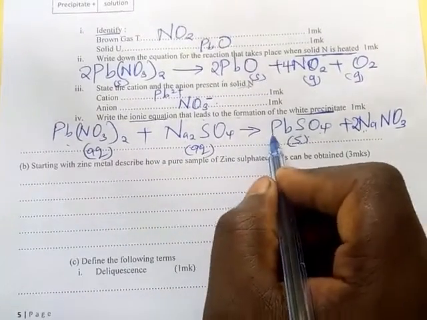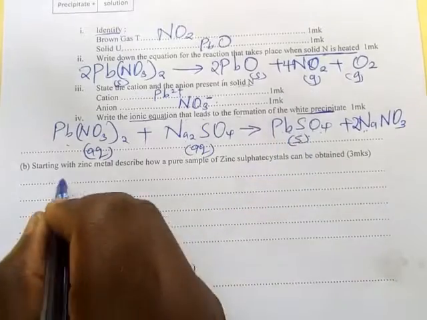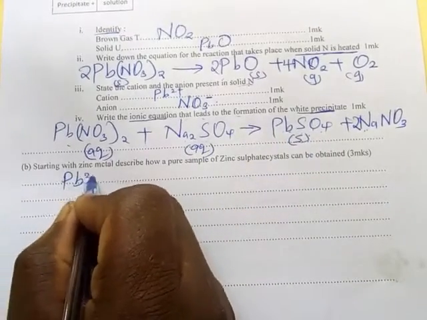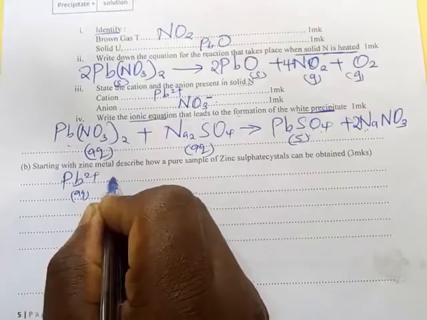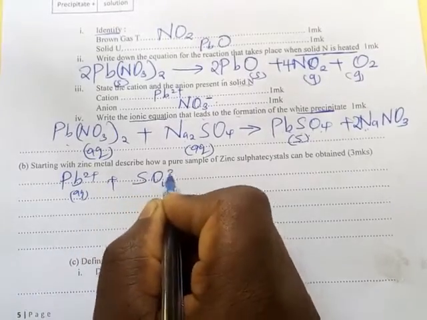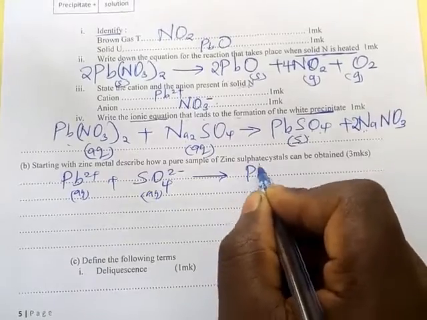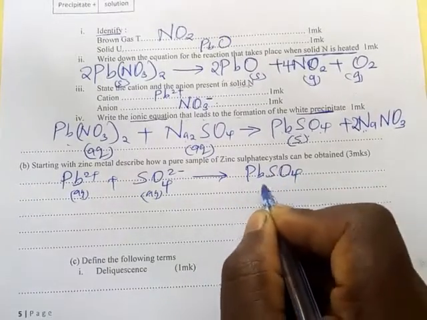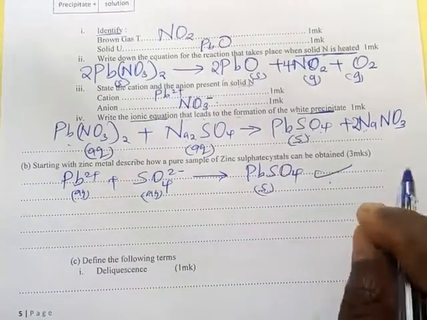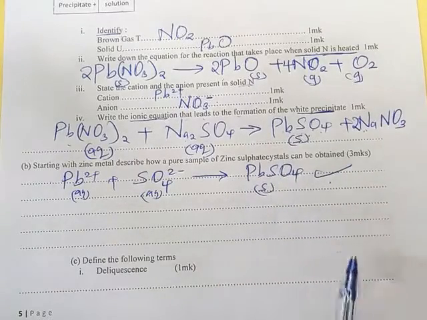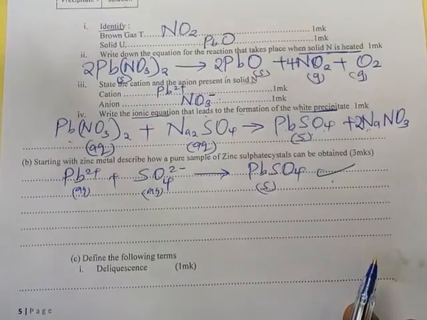So lead has sulfate, therefore we start with lead 2 positive aqueous plus the sulfate 2 minus aqueous, which are going to form lead sulfate, and that is the ionic equation for the formation of the white precipitate.